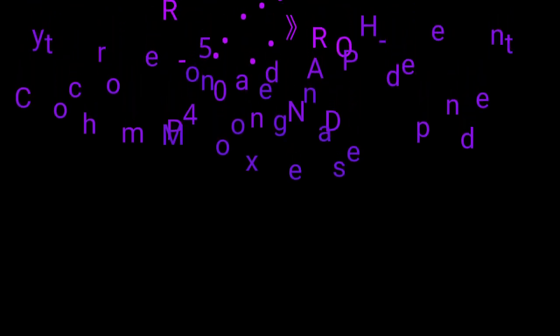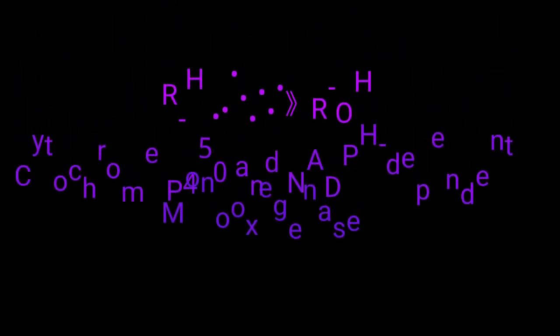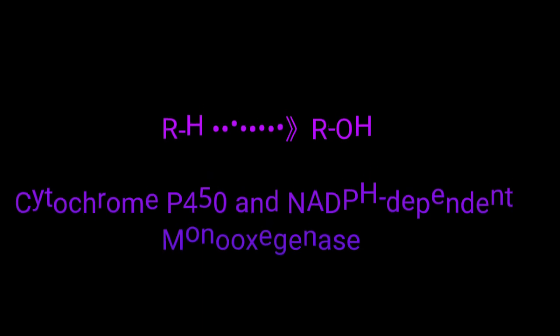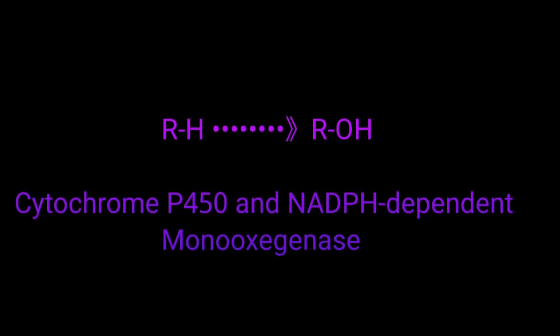The third important use of NADPH as a coenzyme is by the monooxygenase system in the liver. There are two monooxygenases in the liver.